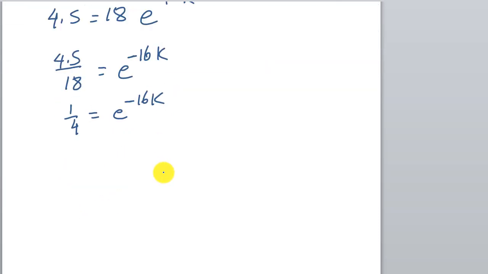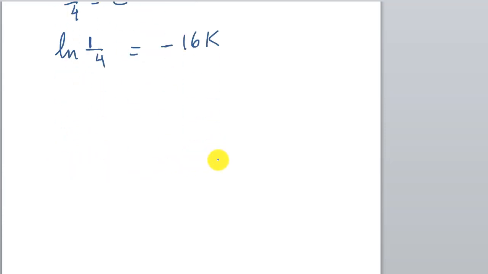Let us take ln both sides. So ln 1 over 4 equal to minus 16k. So ln of this 4 is 2, minus 2 equal to minus 16k.